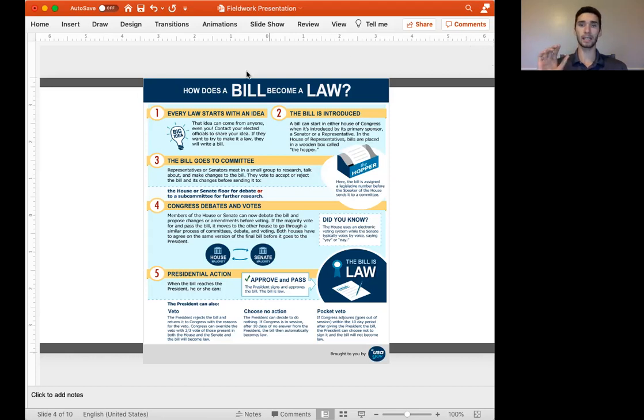And then once that idea is either already in the brain of someone in the Senate or the House of Representatives, or if we had an idea and we took it to the House of Representatives, that bill is then introduced. So idea, and then it's introduced. Then it goes to a committee. There are debates and votes and presidential action.